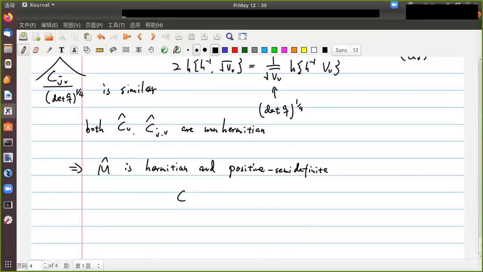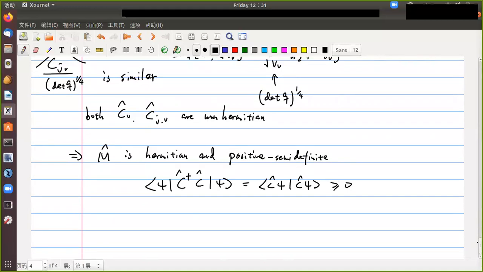Let's do a simplified version and consider the expectation value of a quantity like C dagger C. This is just C operating on psi with C operating on psi. Removing the dagger from the psi in front, this is definitely positive semi-definite. That's why this operator M is a positive semi-definite operator.